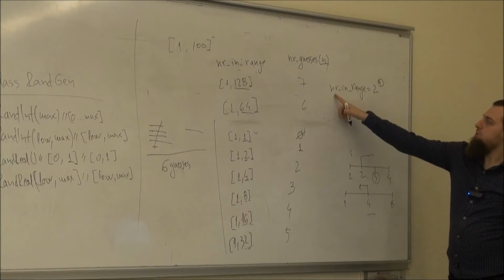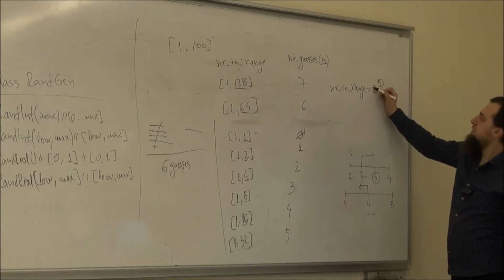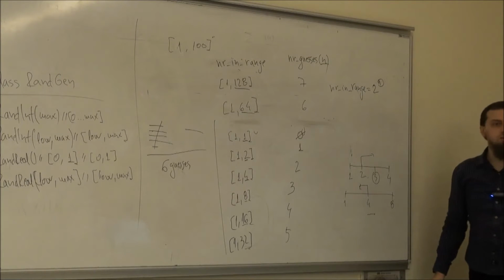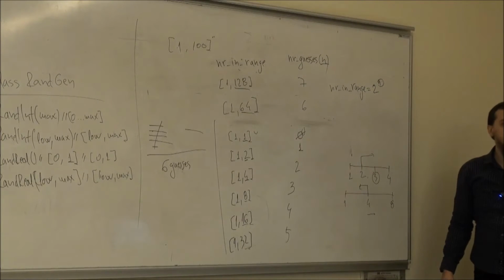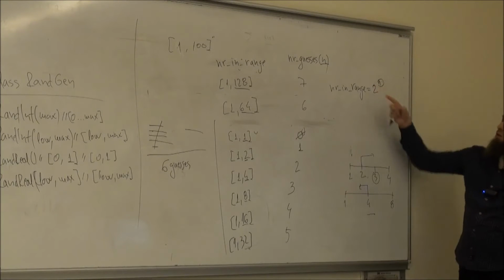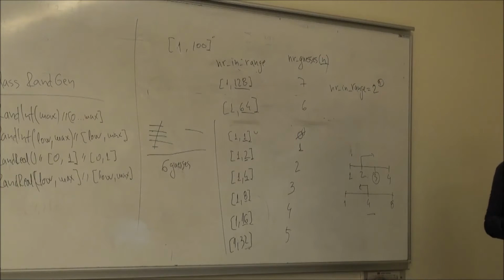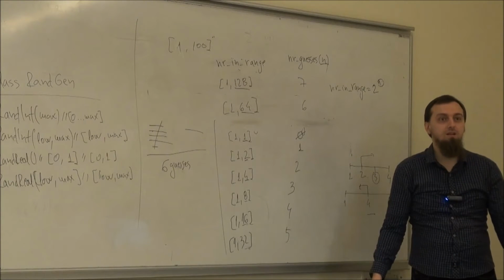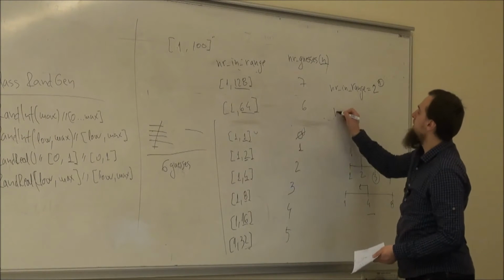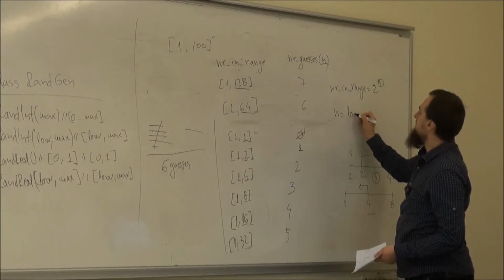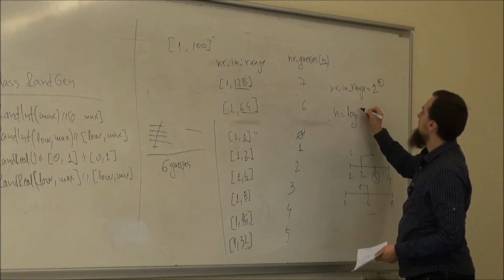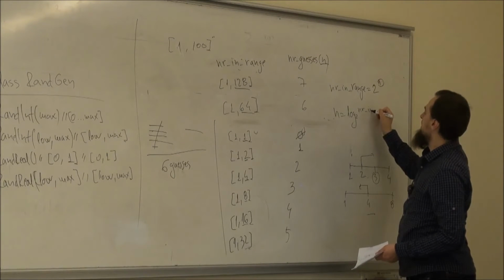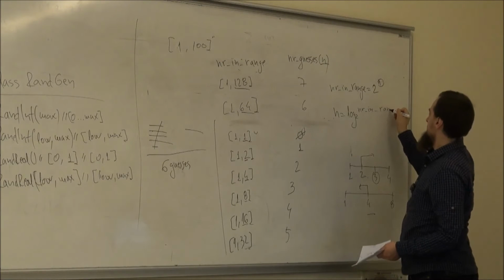So if we know numbers in range, how are we going to find the number of guesses? If this is exponential, what's the inverse of the exponential? It's logarithm, yeah. So n is logarithm with base 2 of numbers in range.